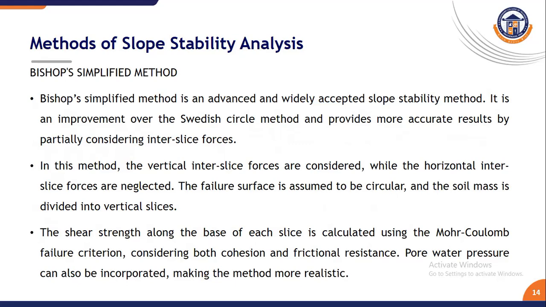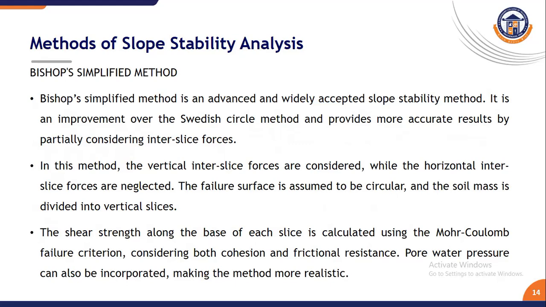The second method is the Bishop simplified method. It is a widely used and accurate method for slope stability analysis. The soil mass is divided into vertical slices and only vertical interslice forces are considered. The method uses Mohr-Coulomb failure criteria and allows inclusion of pore water pressure.